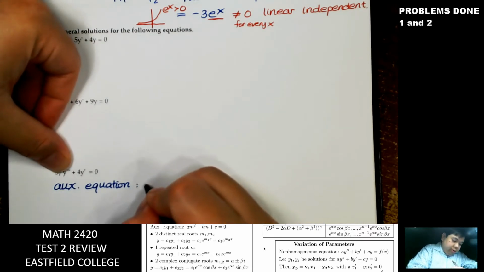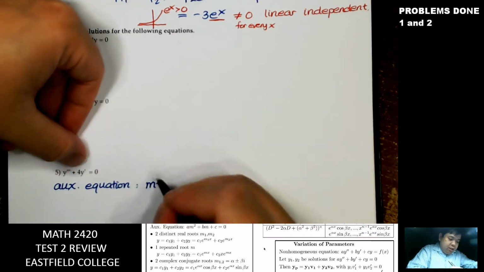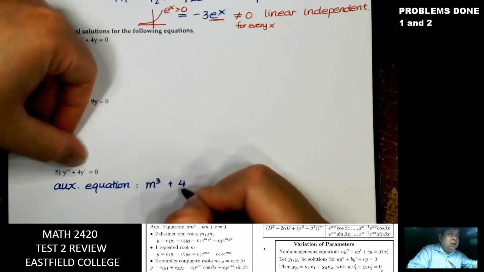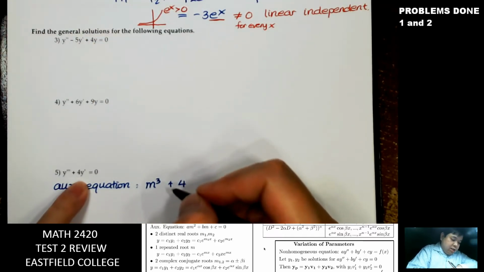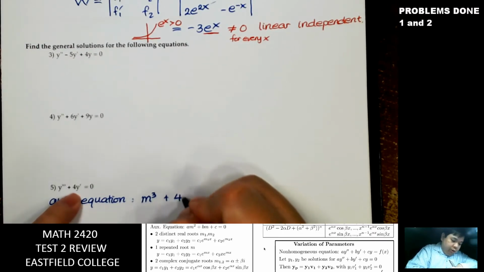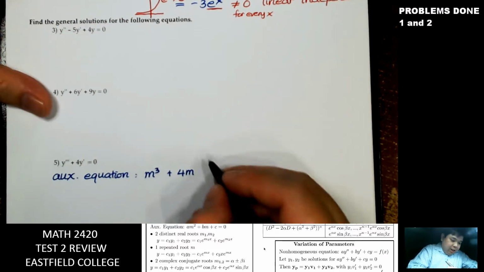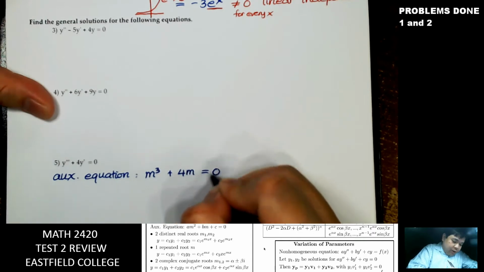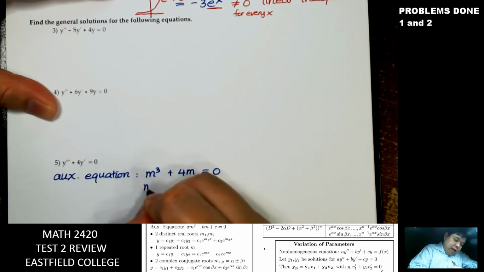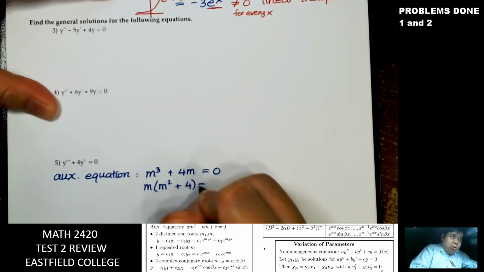Triple derivative means third order, and that will be just the first derivative, first power I mean, equal to 0. So we have m squared plus 4 equal to 0.